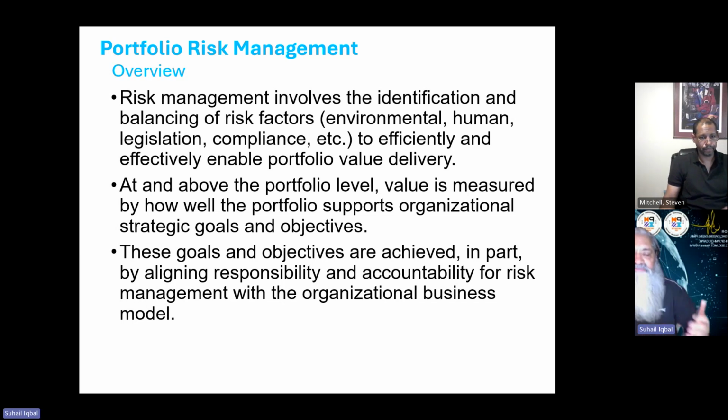Out of the many areas, all the coordination, the governance, stakeholder engagement being done, all that we are doing is for creating value by the portfolio, right? And risk management, as I said, and change are likely to pull us back, and we are trying to somehow use them to our advantage, so we can enable portfolio value delivery in a more efficient and effective manner.